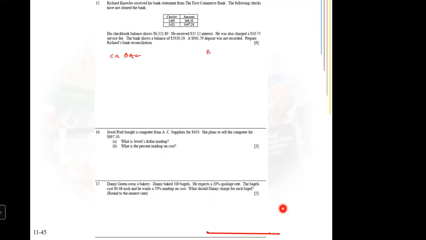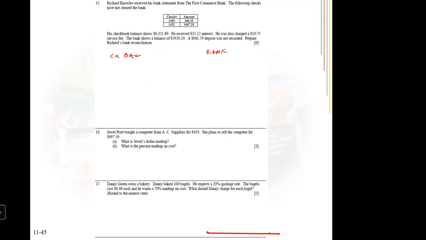Okay, the bank balance. So checkbook balance was 63,121.89. The bank balance was 5920.10.